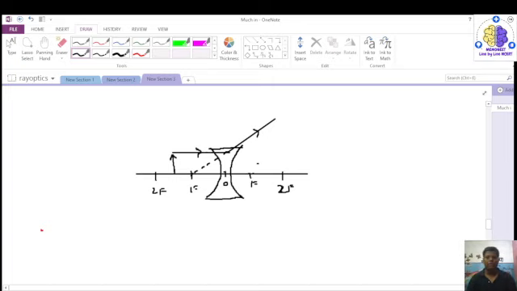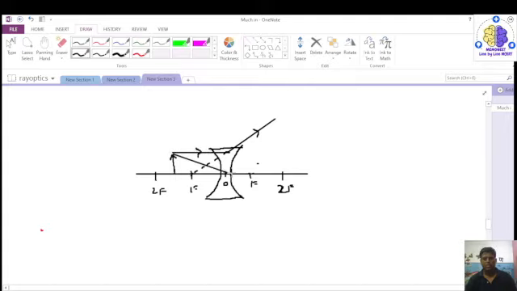Now a light ray will be passing through the optical center, light ray passing through the optical center, right? So this is the case.